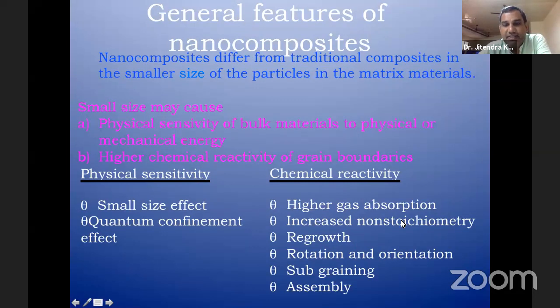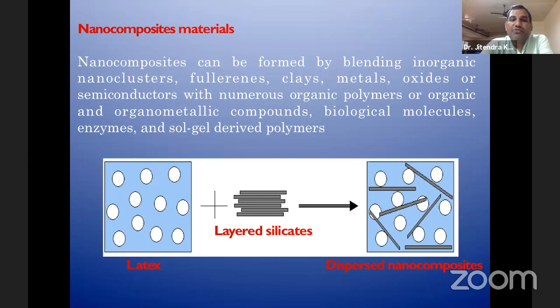Chemical reactivity means higher gas absorption, regrowth, subgraining, assembly, rotation, and orientation. These are a few physical and chemical reactivities in that particular nanocomposite. So nanocomposite can be formed by the blending of inorganic clusters, fluorescence, clays, metals, oxides, or semiconductors with numerous organic polymers or organic or organometallic compounds, biological molecules, enzymes, sol gels derived from the polymer.